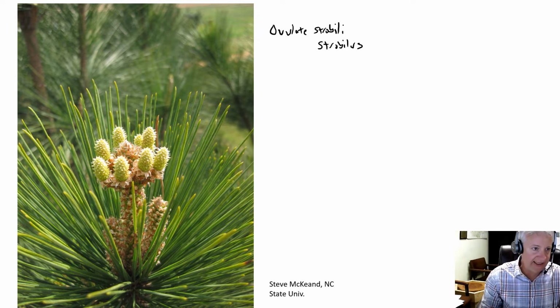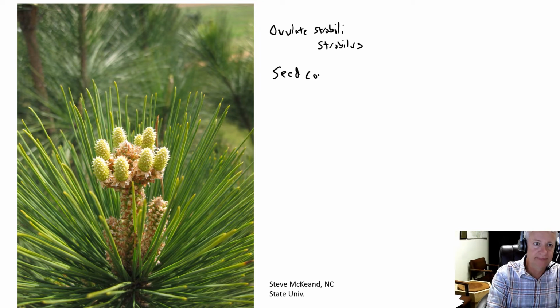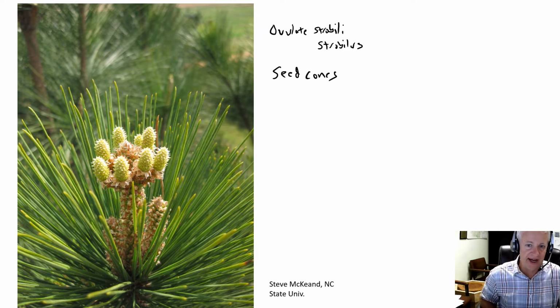Steve is likely right. He's the expert, so ovulate strobili. So these are ovulate strobili emerging on a pine. That's the female reproductive structures. Sometimes people call these seed cones, and again, that's a colloquial term for the ovulate strobili.